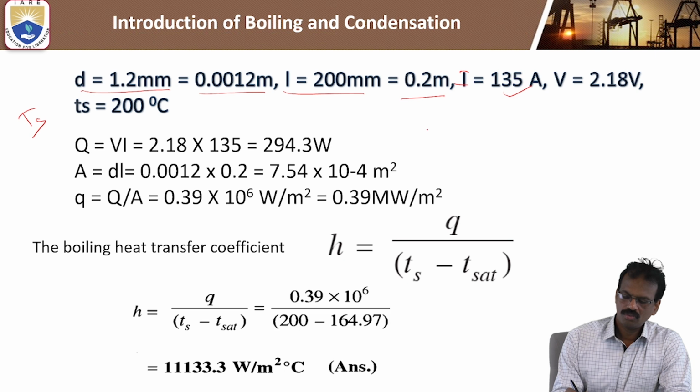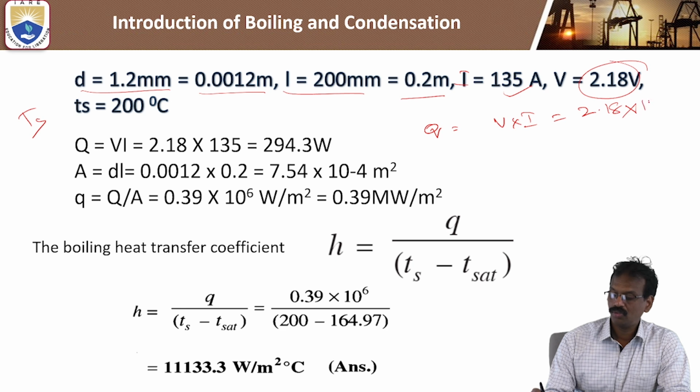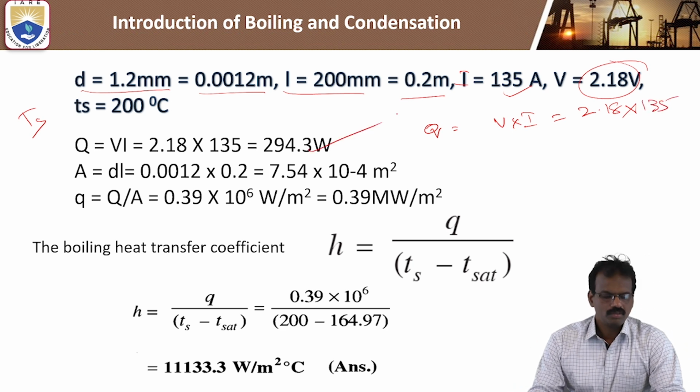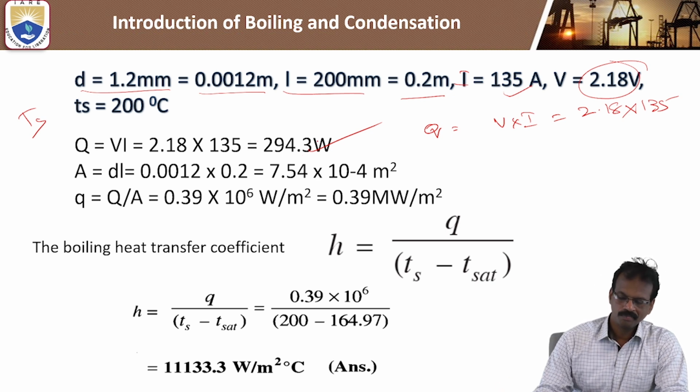Then Q. So this one, Q is equal to voltage into current. So the voltage is 2.18 into current 135. So the value of Q, heat transfer rate, that is 294.3 watts.